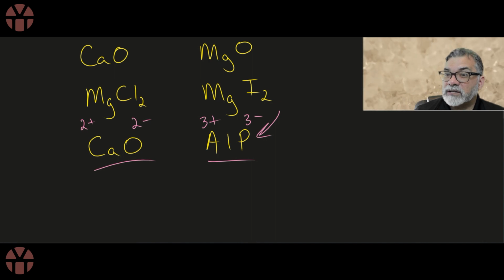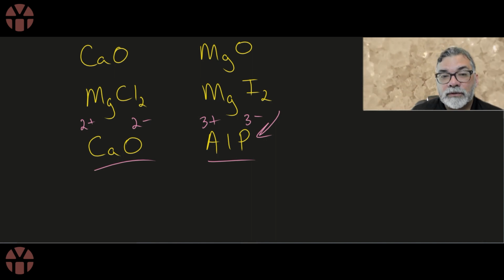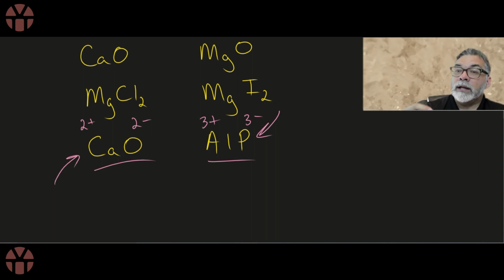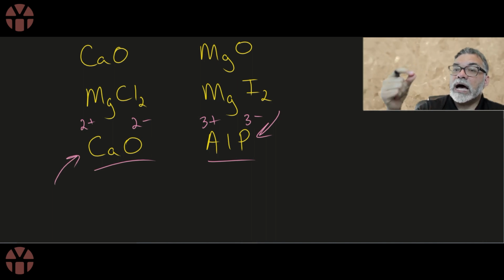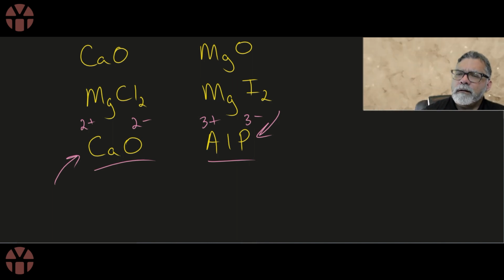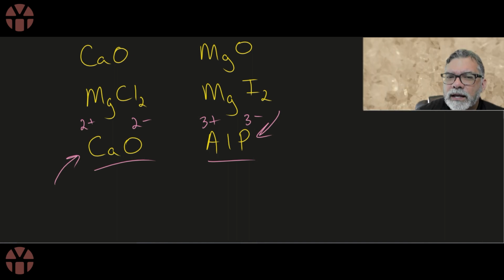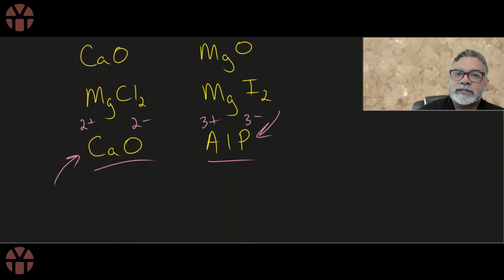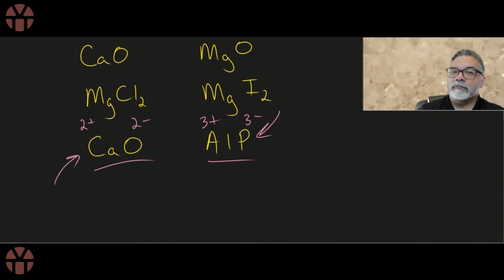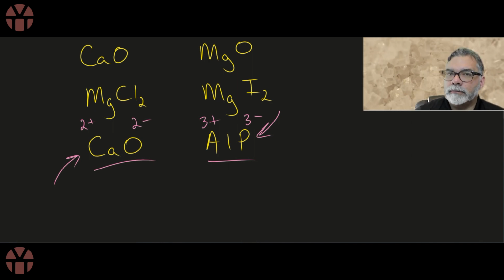But fun fact, if I actually look up the melting points, I find that the calcium oxide will melt at a slightly higher point than the aluminum phosphide. Huh. Fascinating. Why is that? Why would the calcium oxide, even though it doesn't have as much of a differential, have the higher melting point?